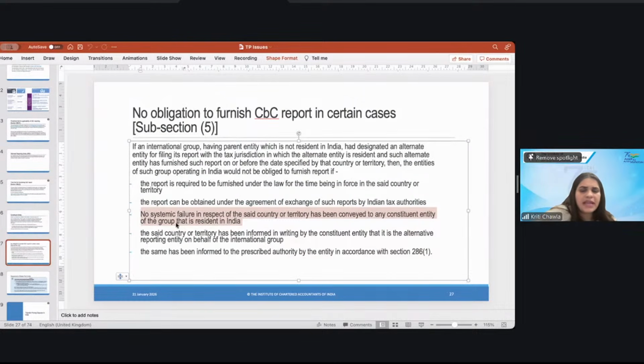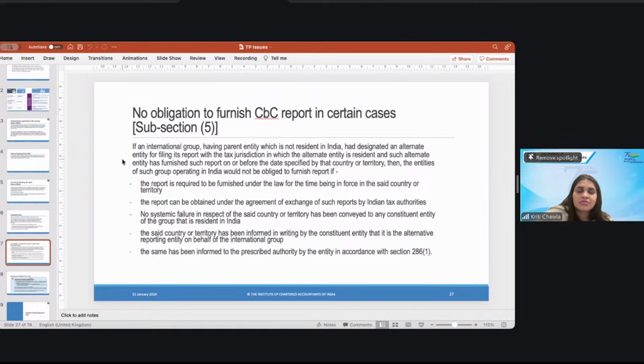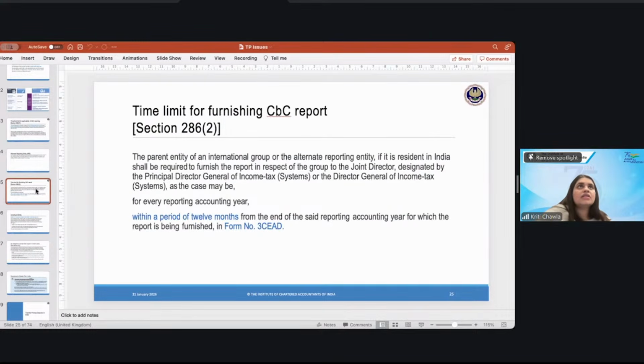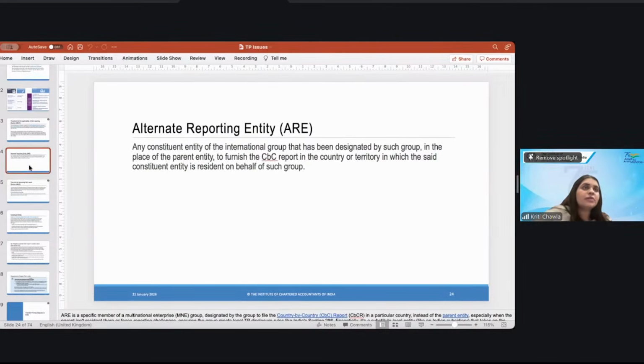Exemption is not there for the parent itself. This is where they basically say, what if the parent entity is involved? Well, the concept of an alternate reporting entity is a substitute.